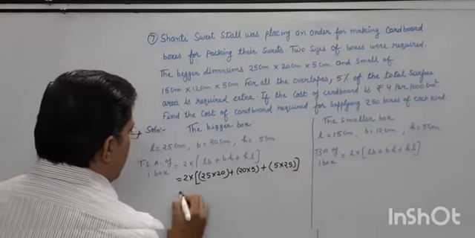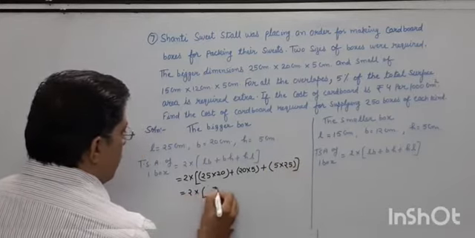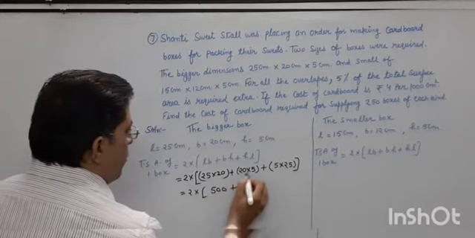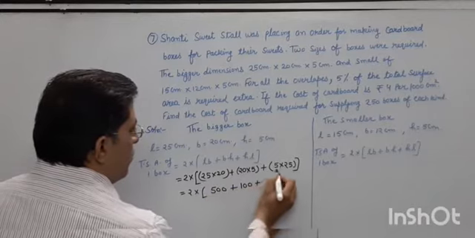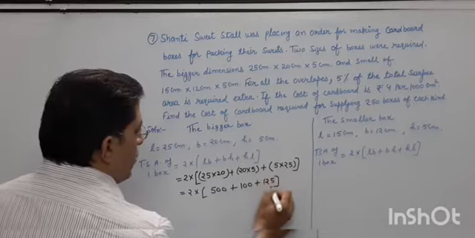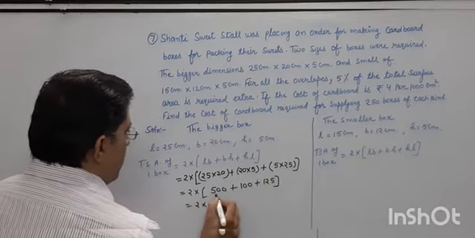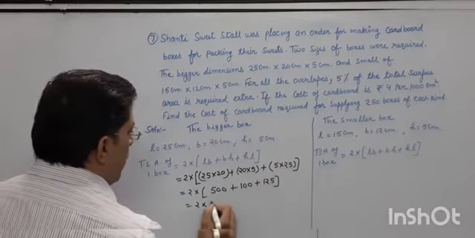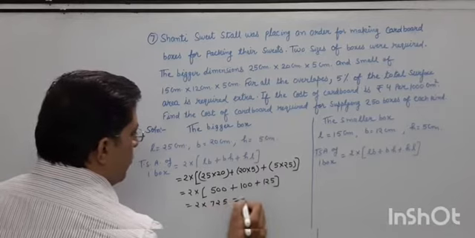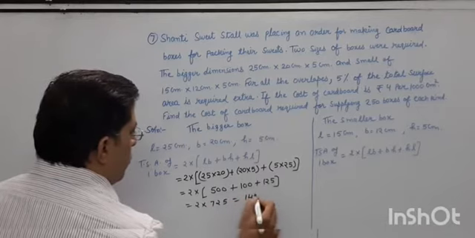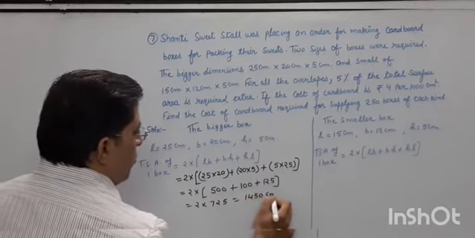See what is coming? 2. This is 500. 25 is 100. This is 125. Then 6, 7, 25. This is 1450 centimeter square.